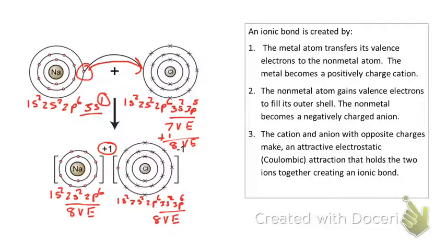And so both the chlorine and the sodium have full valence shells, and they're both very happy and content. But just like sodium becomes a positive ion, because chlorine gains that 1 additional electron, it's going to be a negative ion.